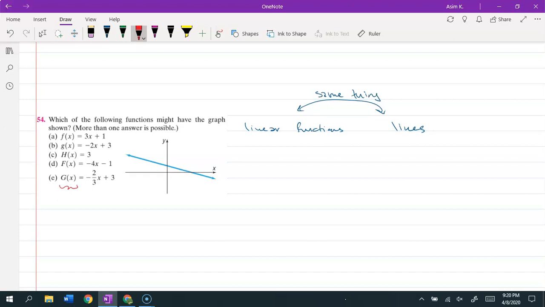All right, they basically have the same connotation. Very slight differences that you notice though. So let's take a look at letter A. In letter A, it gives you a slope of 3, because that's clearly in slope-intercept form, and a y-intercept of 1. Now ask yourself, could this line that we're looking at possibly have a slope of 3 and a y-intercept of 1? We get that it has a positive y-intercept, and a positive x-intercept too.